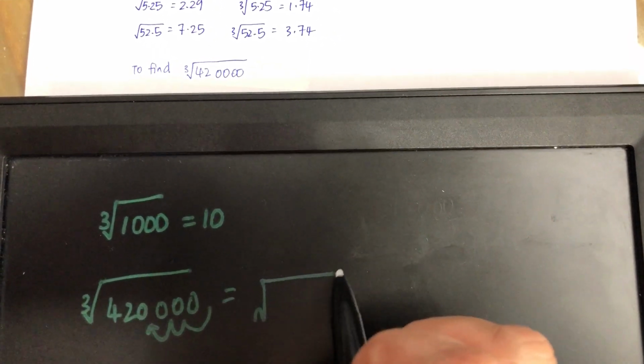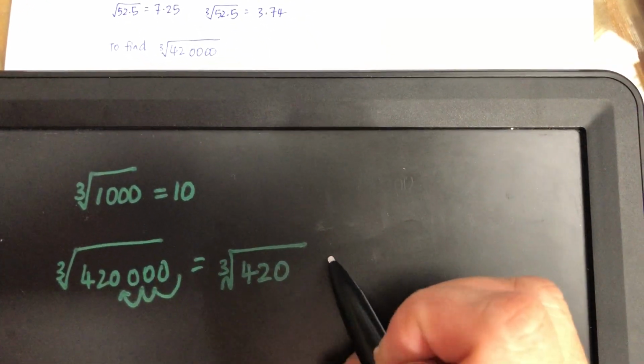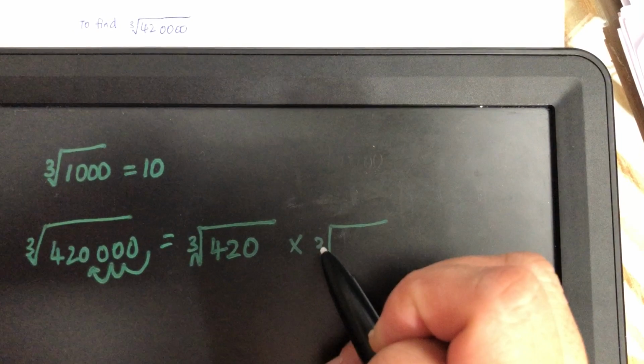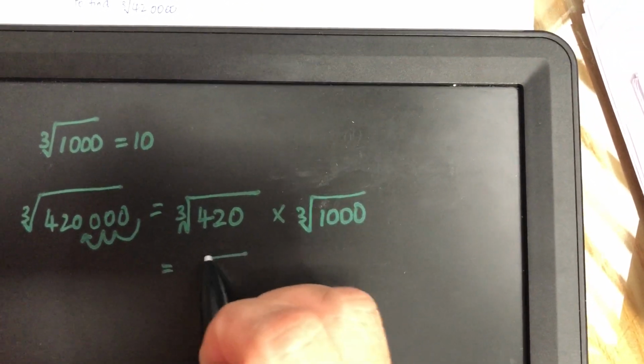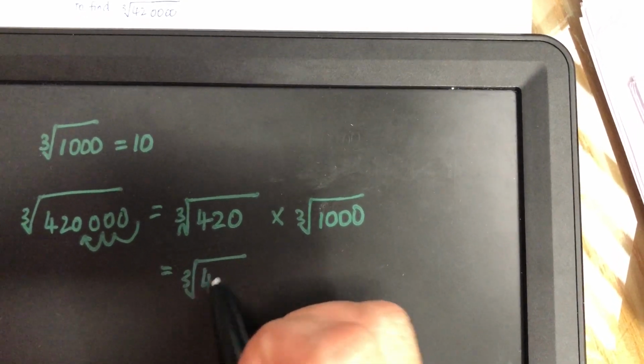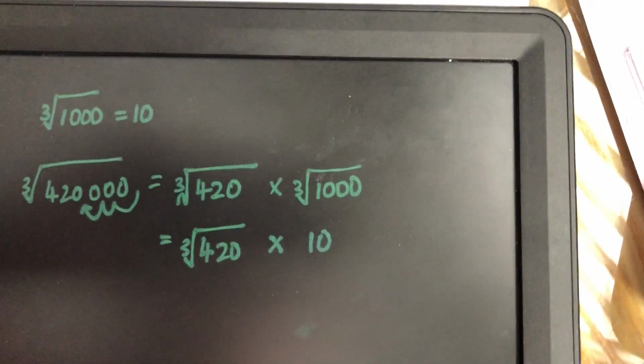So now we can write it as this times this. As such, now we only need to deal with cube root of 420, and then here's times 10.